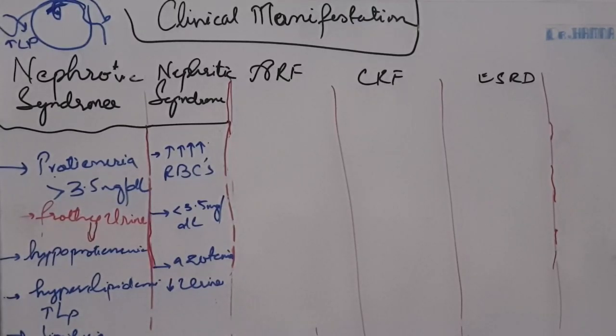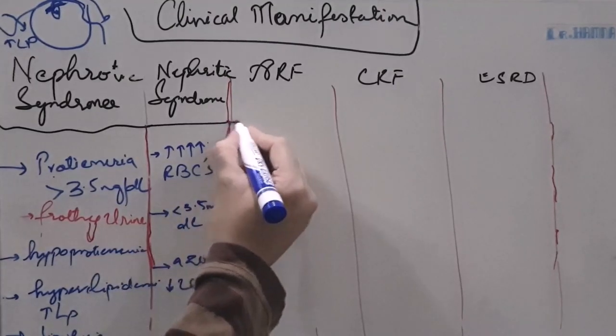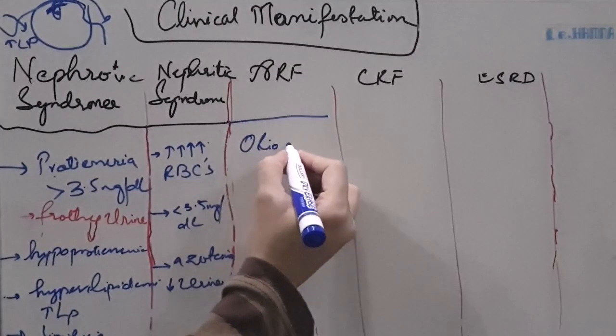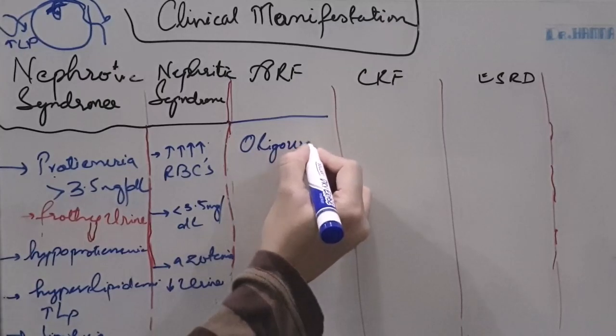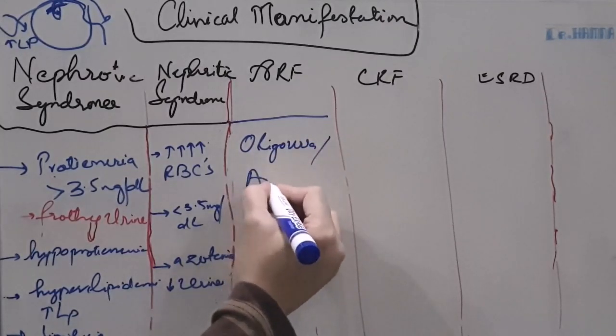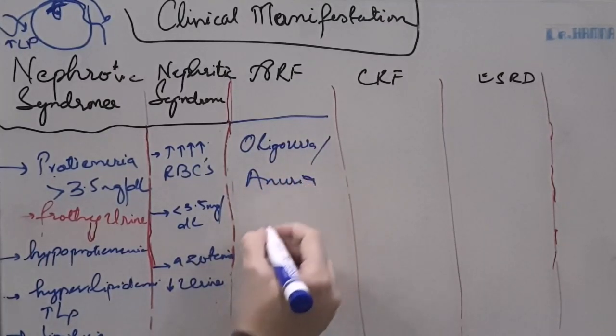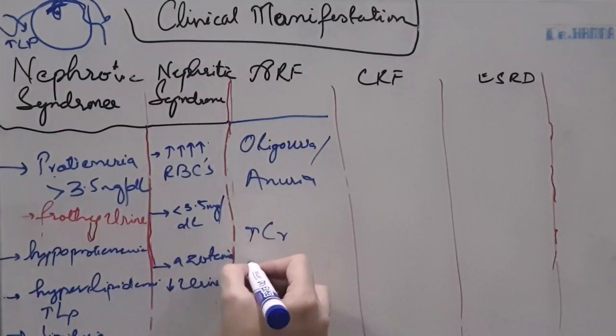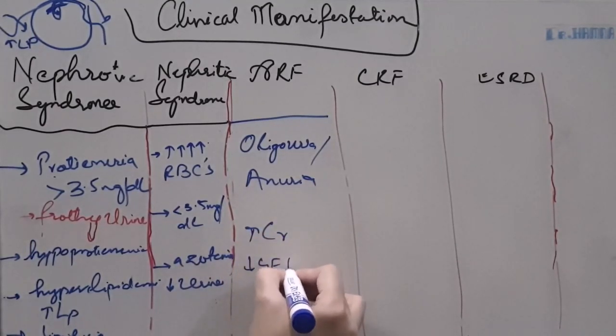SLE is one of the very important diseases which usually lead to hematuria first. Now ARF. ARF is acute renal failure, and acute renal failure is usually manifested as oligo or anuria. And there is a marked increase in serum creatinine level and decrease in GFR.